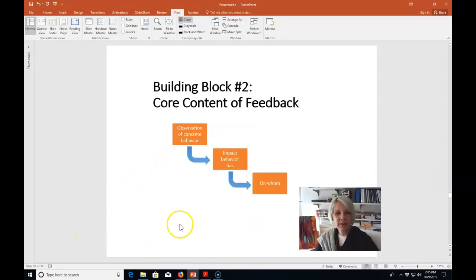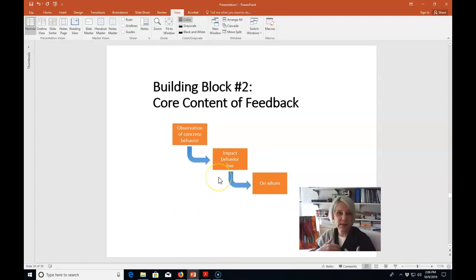So if we think about the core content, we're looking for behaviors where we, as the feedback giver, feel confident that we have sampled correctly and that this is not just an anomaly, but a true indicator of behavior that we need to correct or redirect.